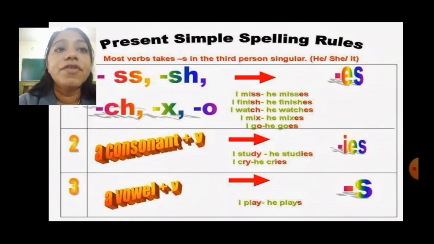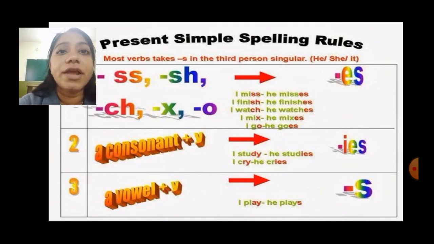Finish. The word I finish ends with sh, so we will add es. He finishes. I watch. He watches. Here the word ends with ch. I mix. Here the word ends with x, so we will add es. He mixes. I go. Here the word ends with o, so we will add es.